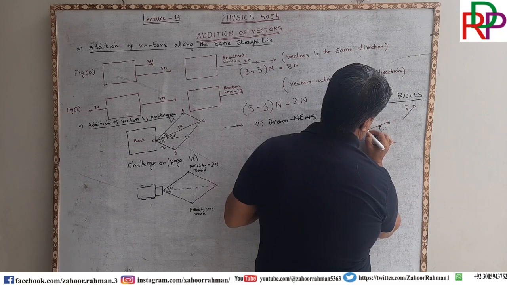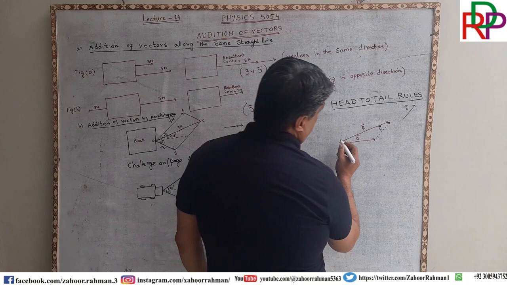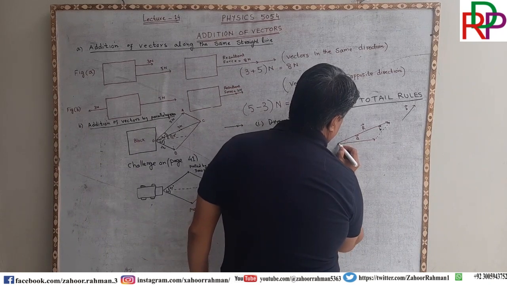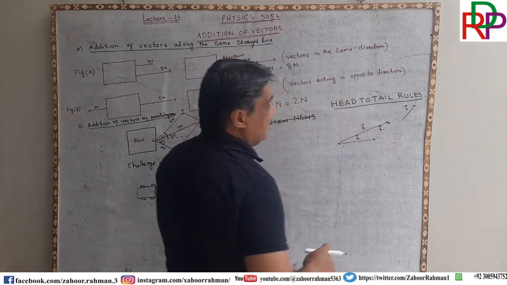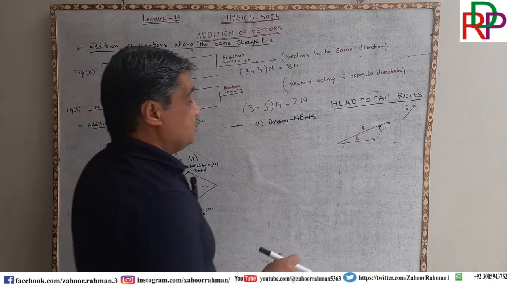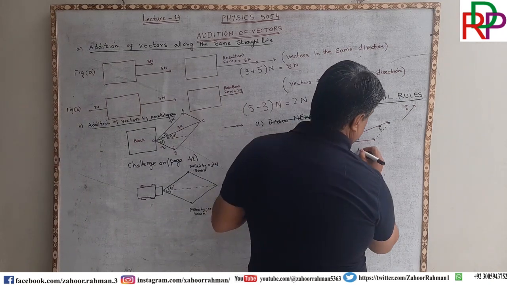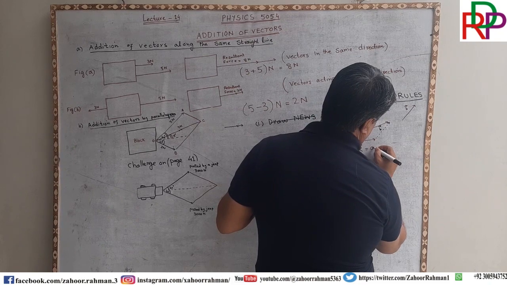We are denoting that by R, which is called the resultant vector. So in this case, the resultant vector will be A vector plus B vector.